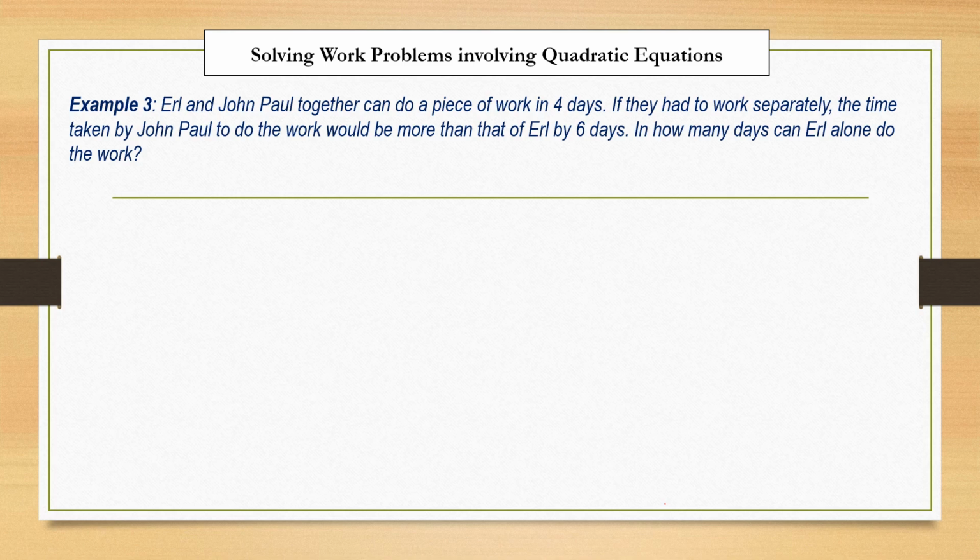So for this problem, let us first assign a variable that will represent the number of days Earl can do a piece of work alone. So let's say x will be the number of days Earl can finish the job alone.